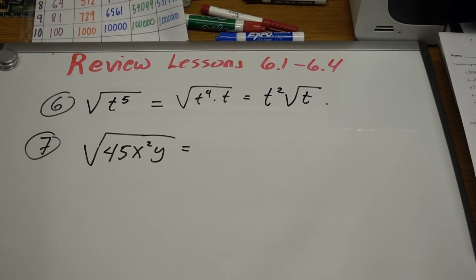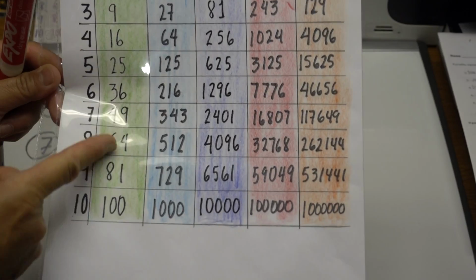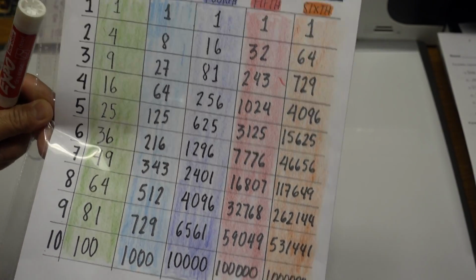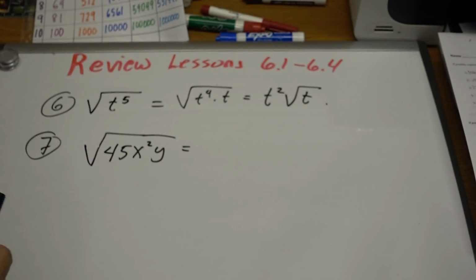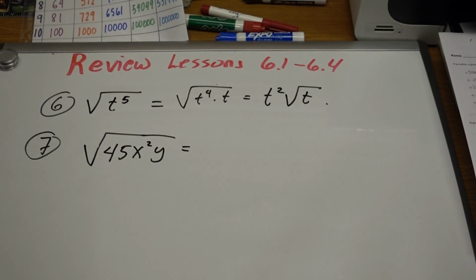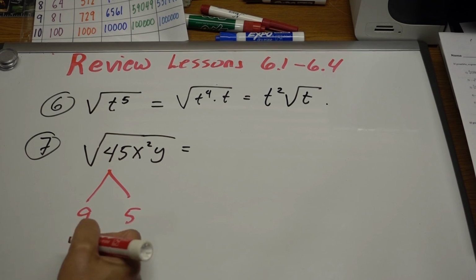In this case, if we look for the square root of 45, 45 is not in this column, so that means we have to break down 45 into 2 numbers, so one of them has a perfect square root. It seems like it's 9 times 5. So I'm going to write 45 as 9 times 5.